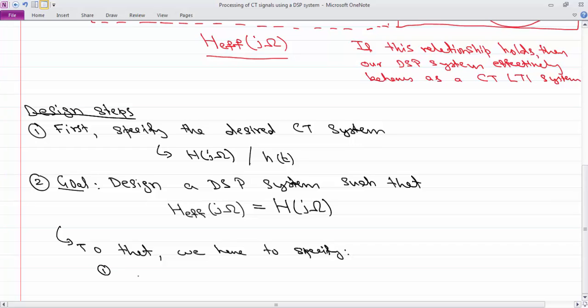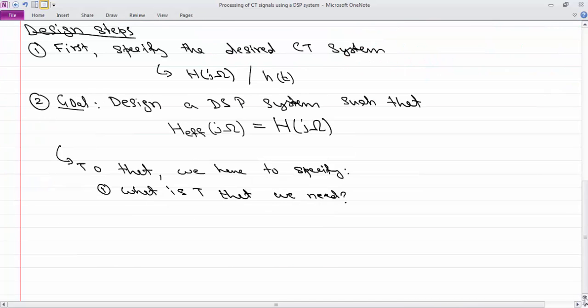The first thing we'll have to do is decide what is T that we need. And that will be a function of your input signal, what's its bandwidth and all that. The second thing you will need is what should be the discrete time filter.